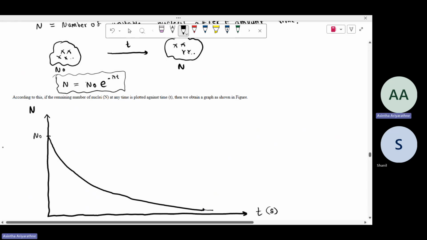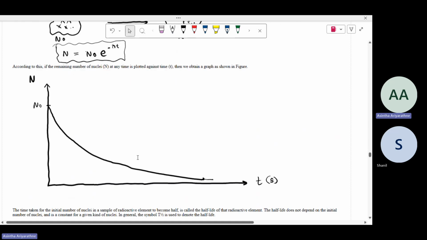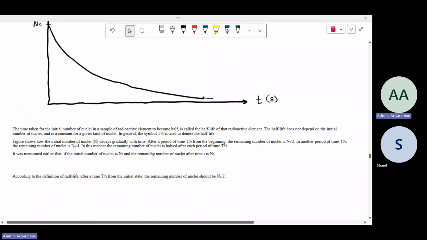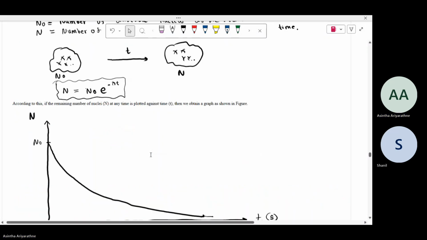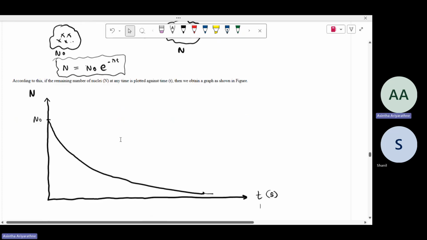When t is 0, you have N naught over 1, which is N naught. When t goes to infinity, N goes to 0. So we have a monotonically decreasing graph, and it is not linear because of this e to the power term.